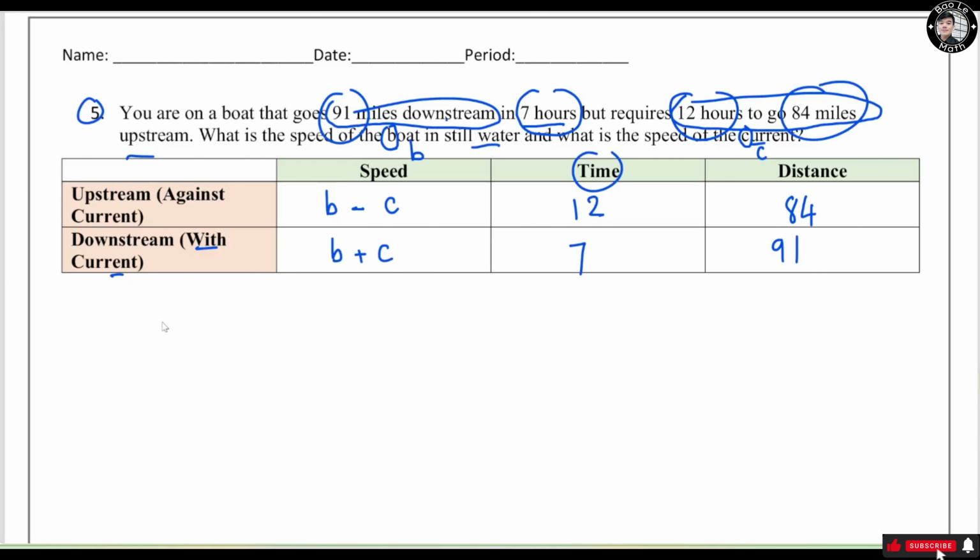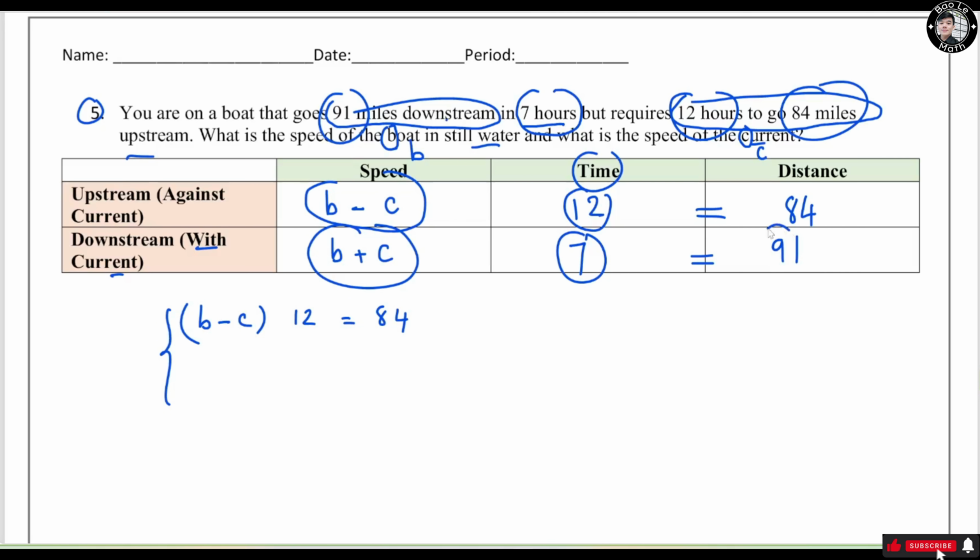So you have a system of two equations. The first one, speed multiplied by time equals 84, which is B minus C multiplied by 12 equals 84. The second equation, B plus C times 7 equals 91.